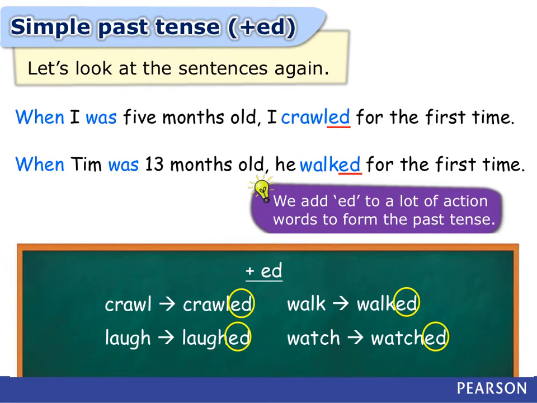Alright, let's look at how to change some verbs into past tense. For some verbs, we add ed at the end, but remember, it's only some verbs we do that, not all the verbs. Verbs like crawled, walked, laughed, watched, we can change to past tense by adding ed.